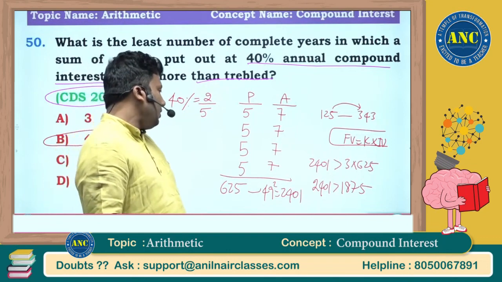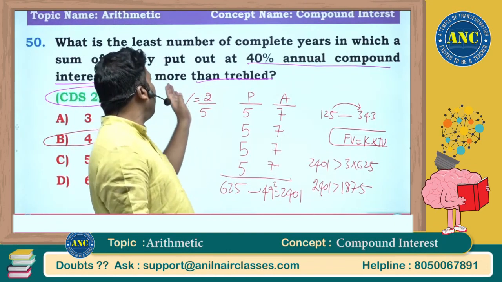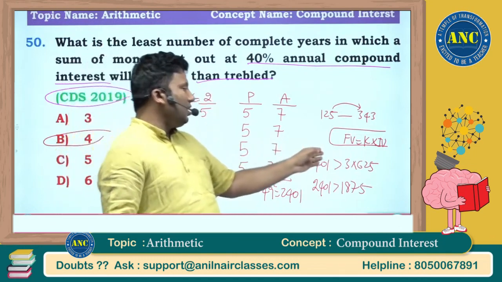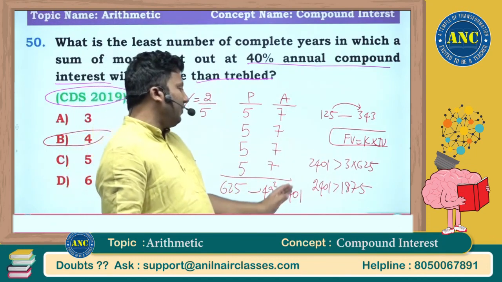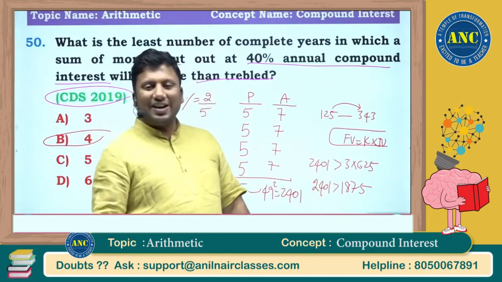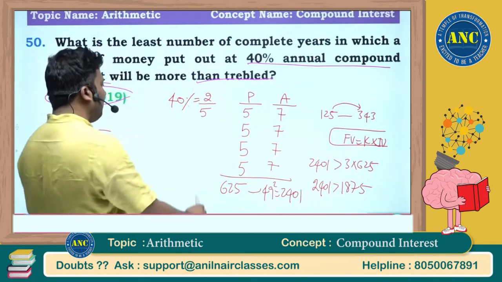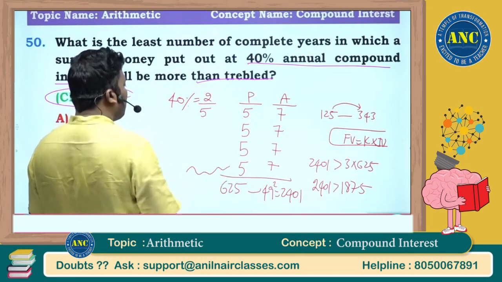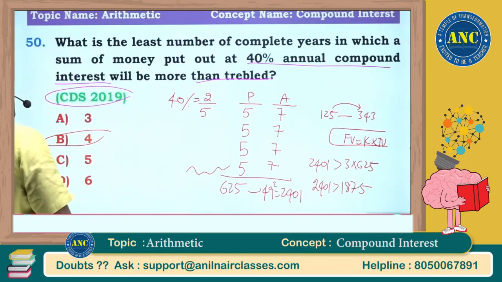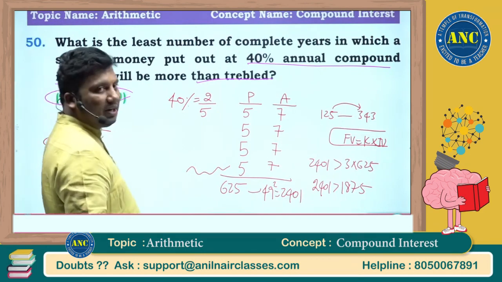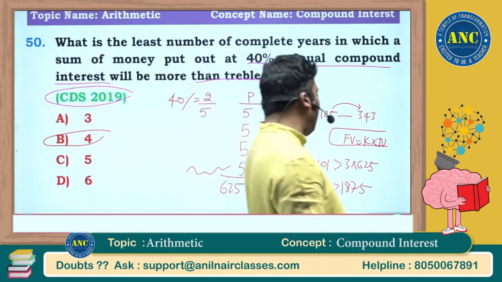It is more than triple. 3 into 625 is 1875. 2401 is greater than 1875. That means in the 4th year, the final value is becoming more than triple. I don't want to use any formulas.